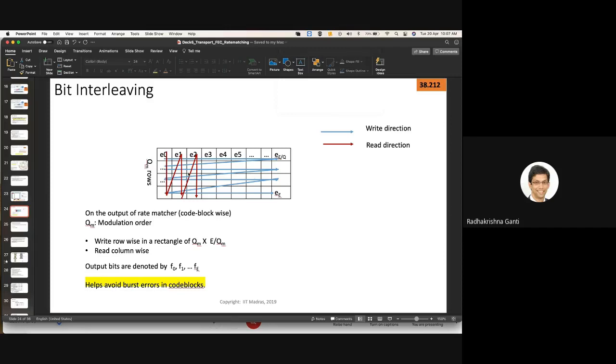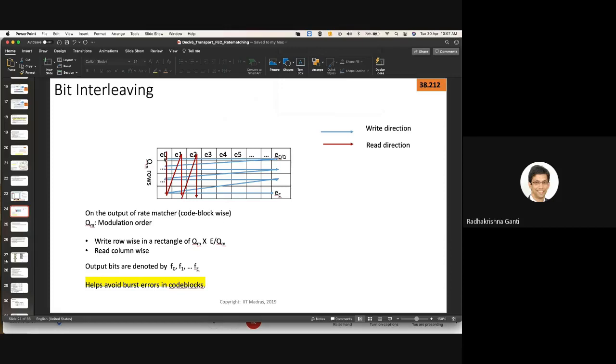I don't know if this is the right direction; this is writing it row-wise and reading it as columns. They read it like this, and then the receiver will do the inverse of it. With this, what happens? The close by bits from the LDPC encoder will now be moved all around the code block.